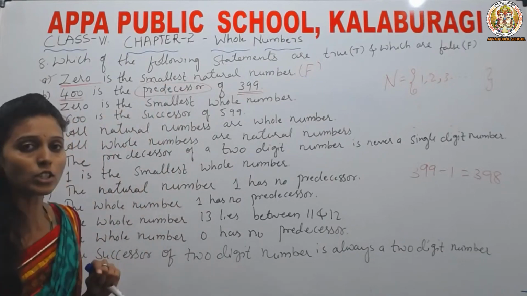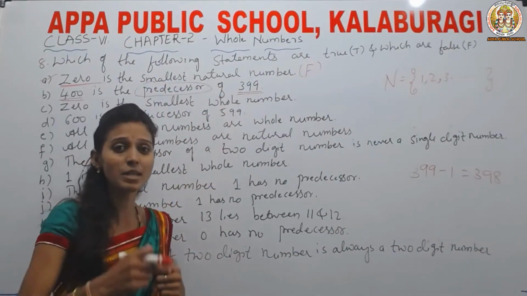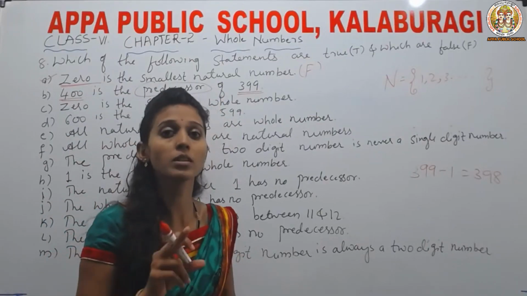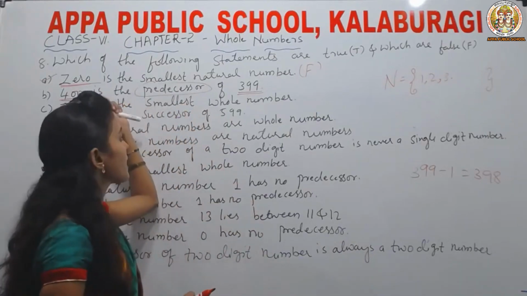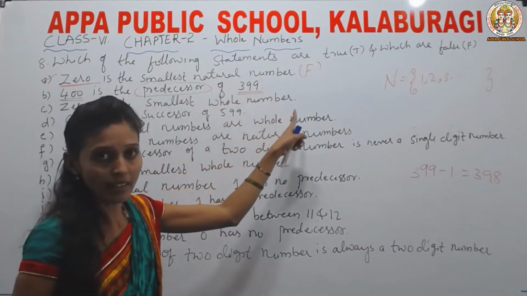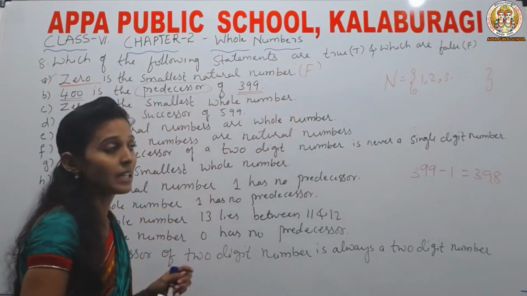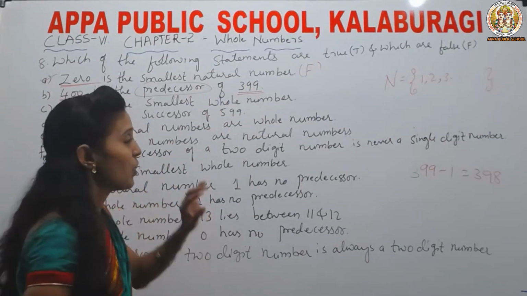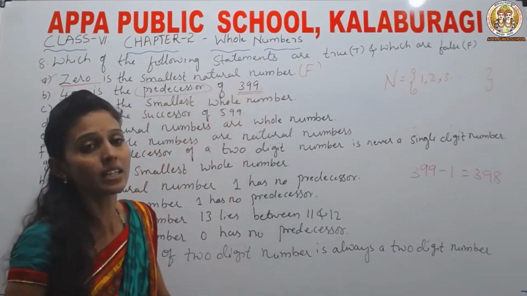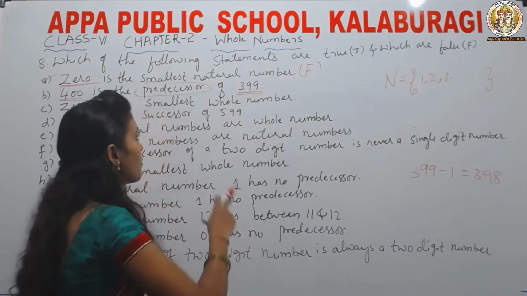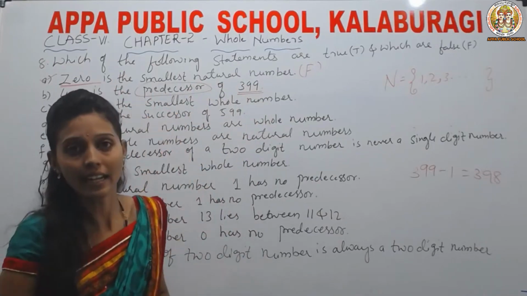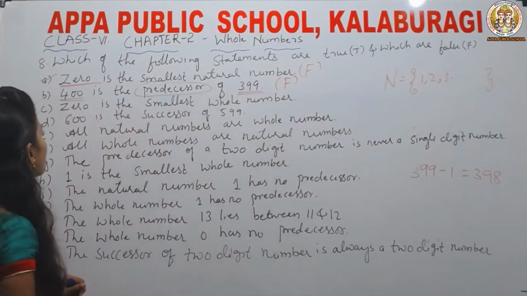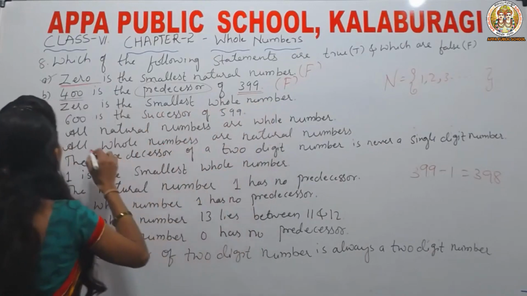So what is 400 actually? 400 is the successor, one step forward. We add 1 to the given number to get the successor. 399 is the predecessor of 400, that is right, but 400 is the predecessor of 399 is wrong. 400 is the successor of 399. So this is also false.